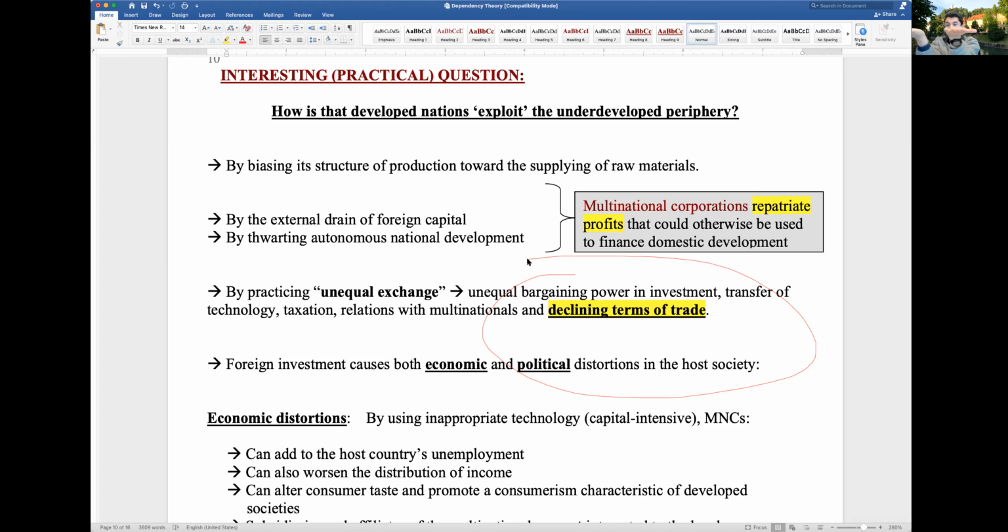But now the price of bananas relative to the price of cars is falling, right? So now Costa Rica has to produce a larger amount of bananas, maybe 2 metric tons of bananas, in order to buy the same car. And this has been going on over time. So the price disparity has been growing and growing and growing over time.